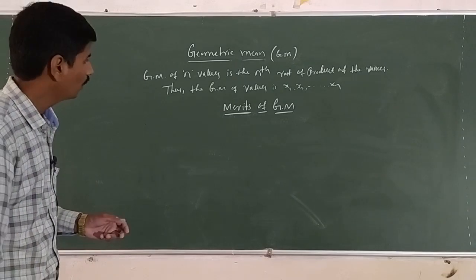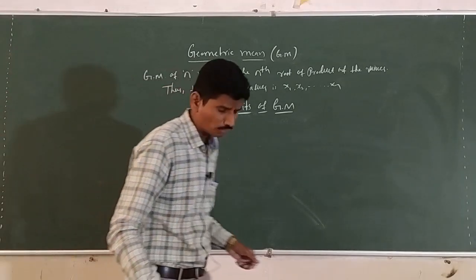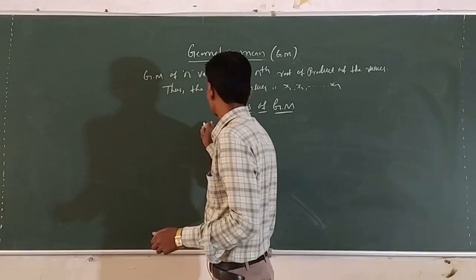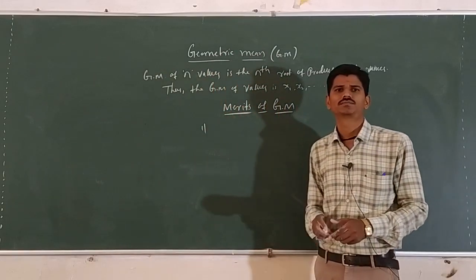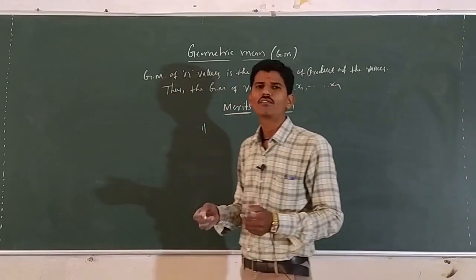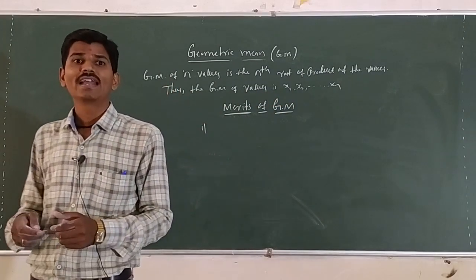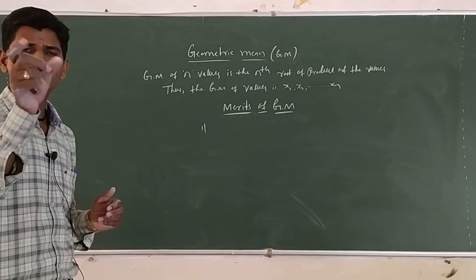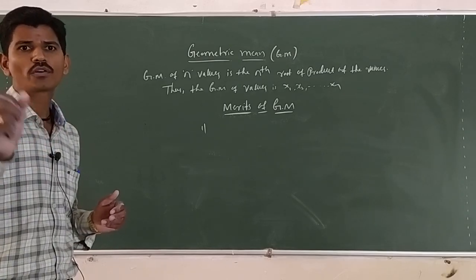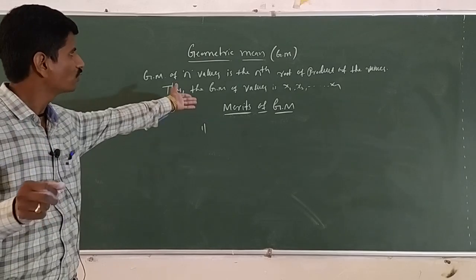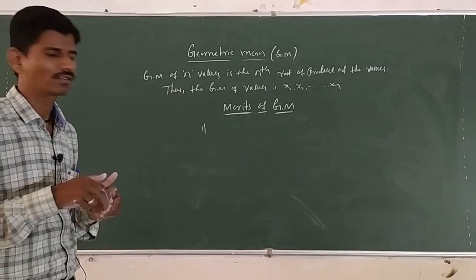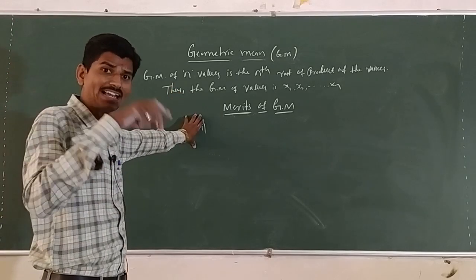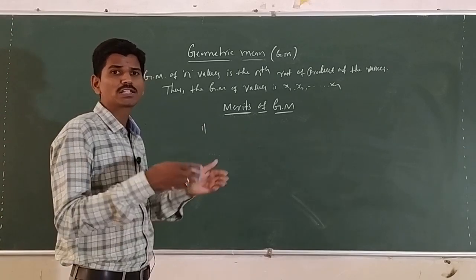What are the merits of geometric mean? The first merit is that it is based on all the values. In median and mode it is a drawback because median takes only the middle value and mode takes only the value with highest frequency. In geometric mean it is a merit: it takes all the values.